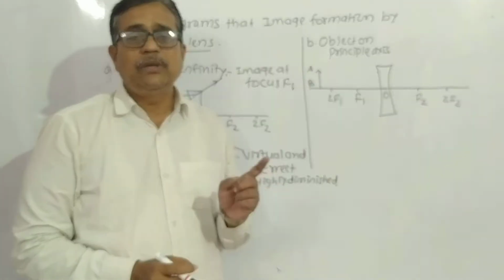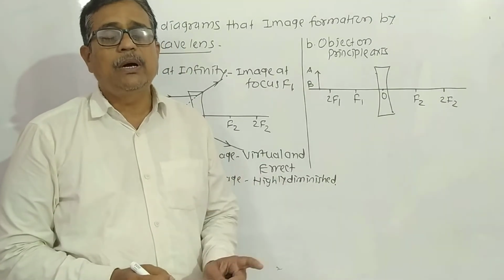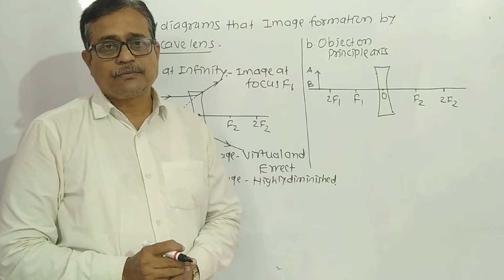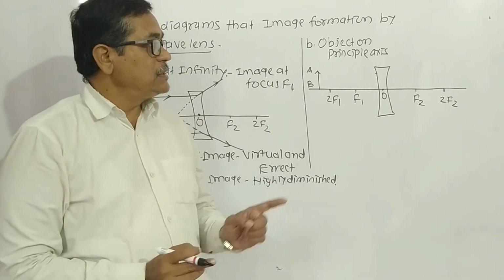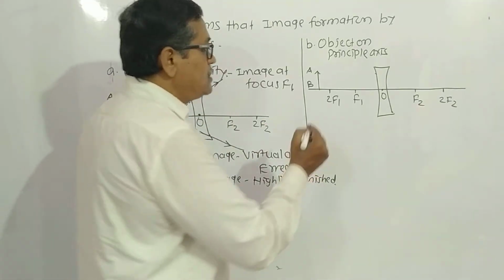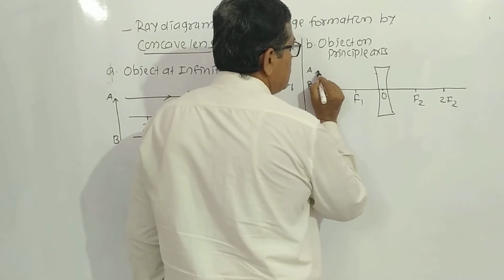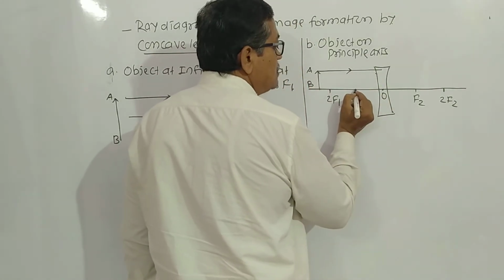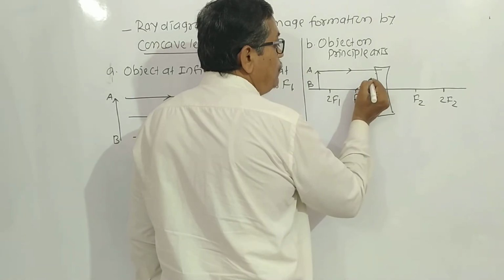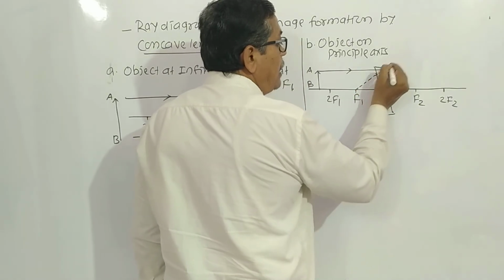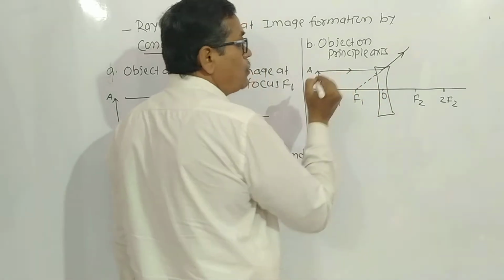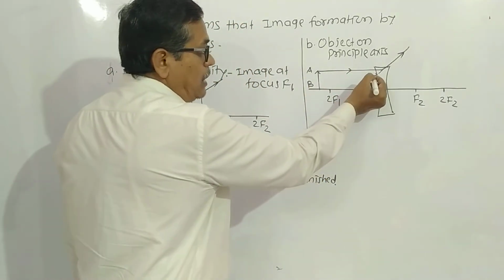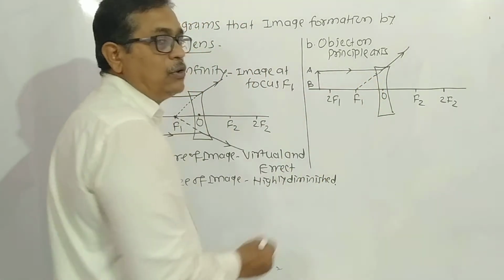In this diagram, we use rule number 1 and rule number 3. Rule number 1: light ray parallel to principal axis, the refracted ray appears to come from the focus. Look here, I can denote a line in dots.